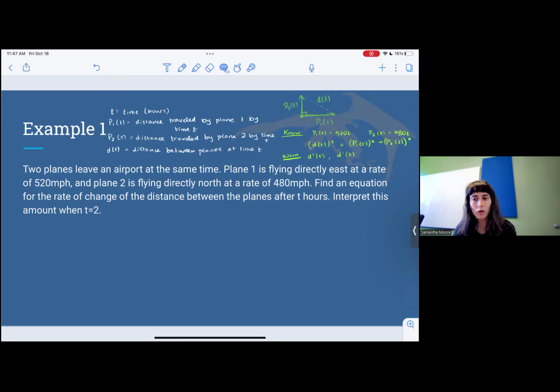Okay, so I want d prime of t. I know this equation that involves d of t. So probably it's going to help to take the derivative of that thing. So let's see, d of t squared was p1 of t squared plus p2 of t squared.